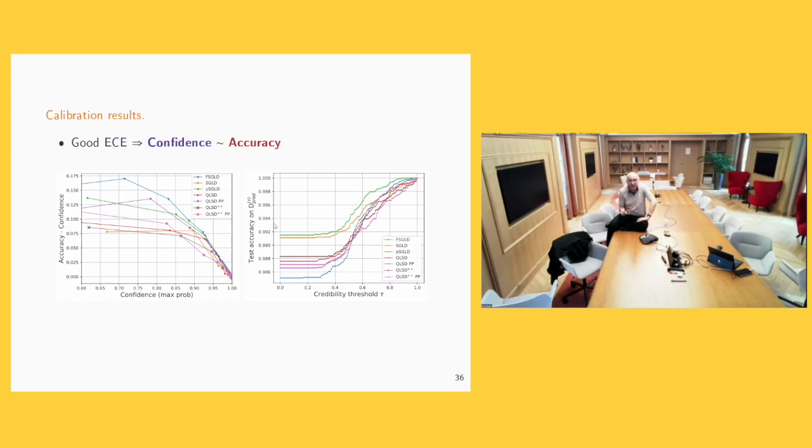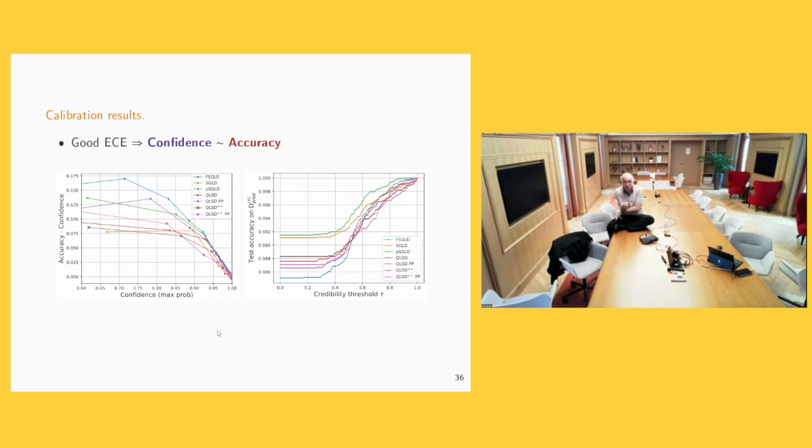It's not exactly flat, but QLSD plus is much better than, for example, FSGLD, which is displayed there. So we improved a lot. It's not completely perfect. When the confidence is very high, we still have the problem there in the curve, and we are still a bit overconfident. We are less overconfident, but we lose 10% of overconfidence. We are still a bit overconfident because when you look at the accuracy curve, it's a bit too strong.